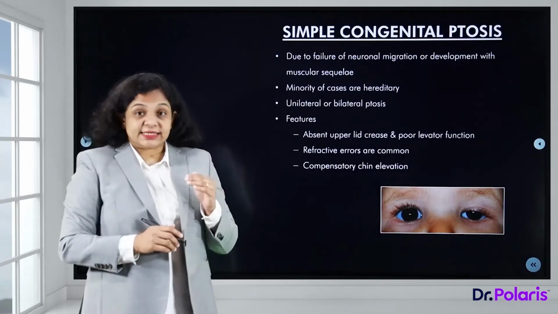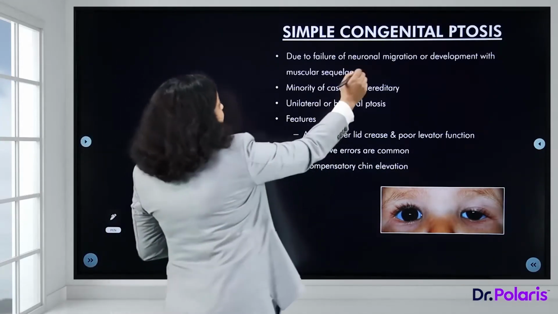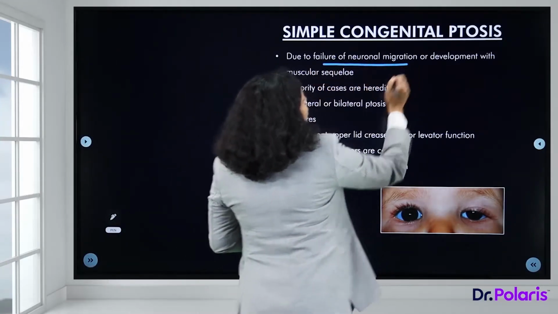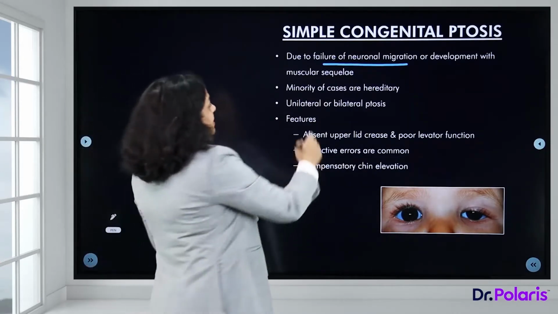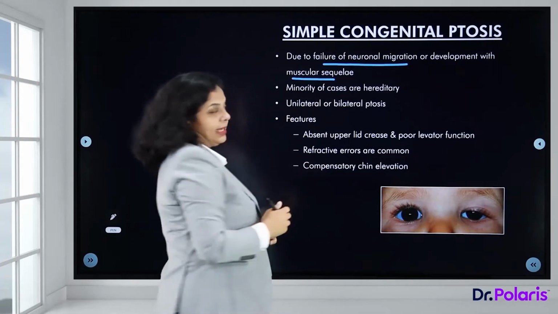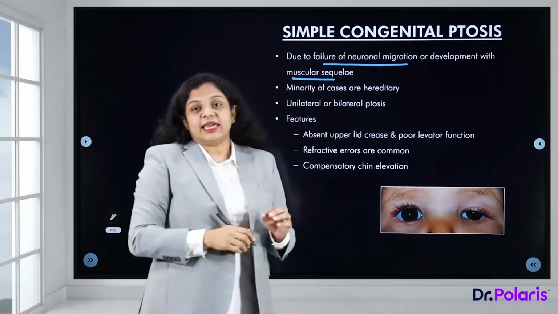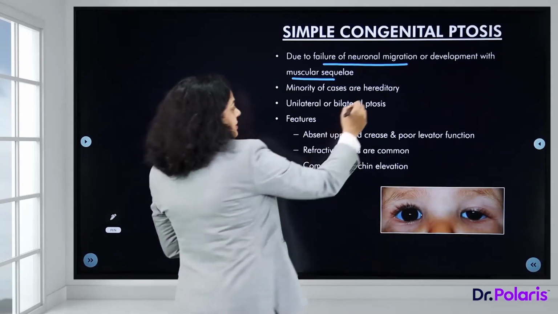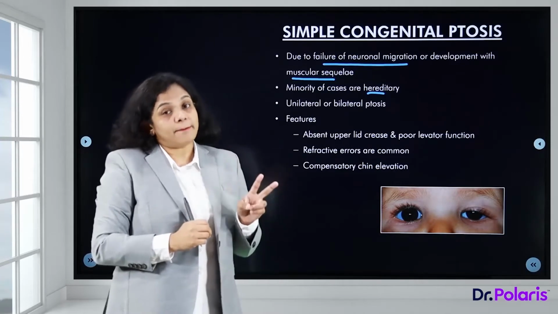Coming on to your simple congenital ptosis. This is mainly due to the failure of neuronal migration or development with a muscular sequelae. A minority of these cases are hereditary. These can be both unilateral or bilateral.